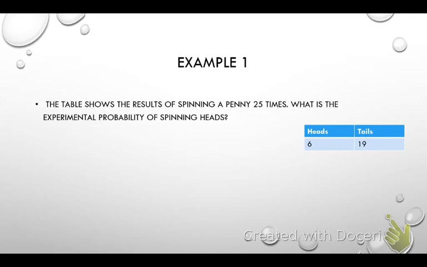So what would I write in parentheses? Probability of what? Heads. Probability of heads. That's my targeted outcome. And how many times did I land on heads? 6 out of how many tries? 25.